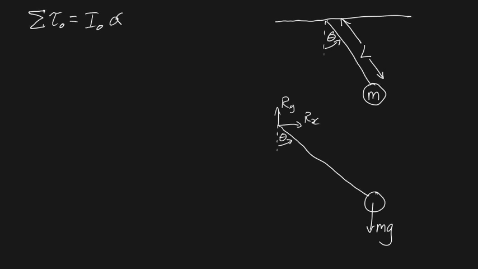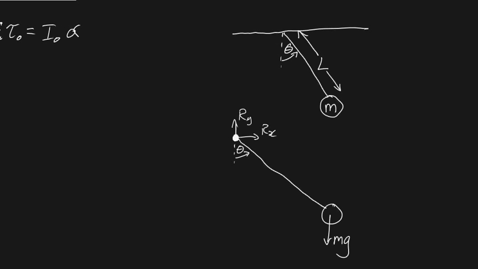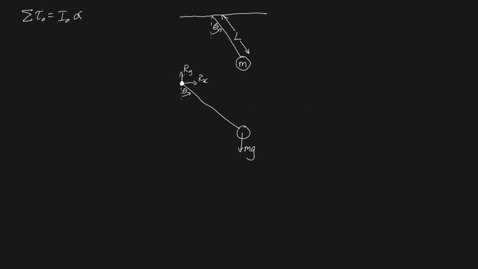Okay, so we could take our sum of torques around any point, but for simplicity, let's take them around this point, the pivot point. That way I don't have to include the torques from these forces Ry and Rx. So let's do that.